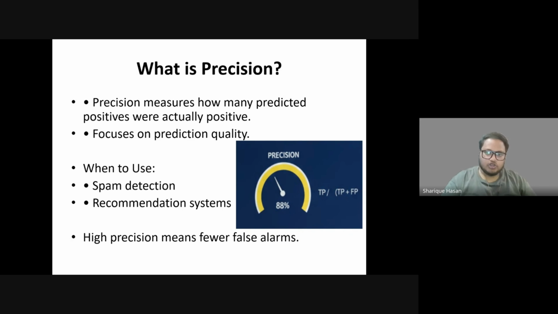To identify the difference between a spam message and a normal message, you use precision. These two are the most common examples where precision is used. Now, high precision means fewer false alarms.